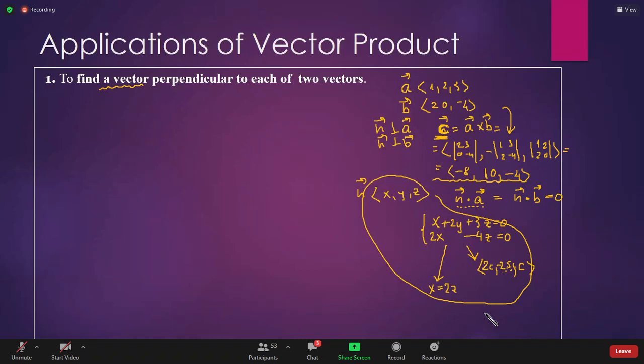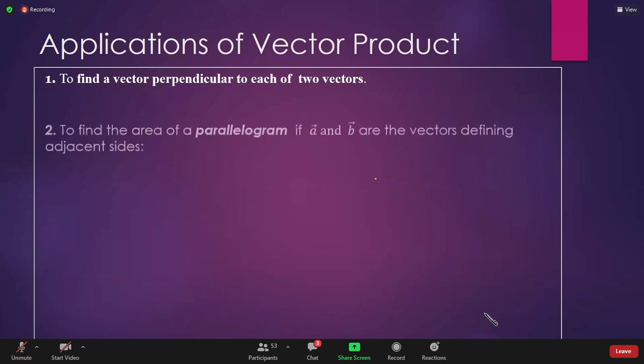Why would we need this very strange thing? So the answer is we need it whenever we need to find a direction that is perpendicular to each of the two vectors. For example, in physics, it's the torque.